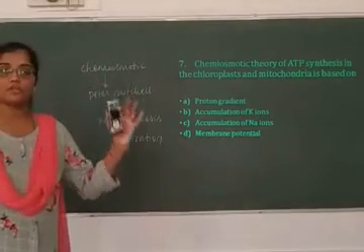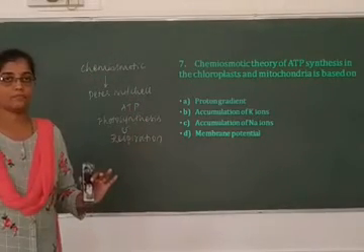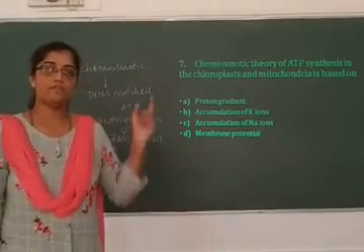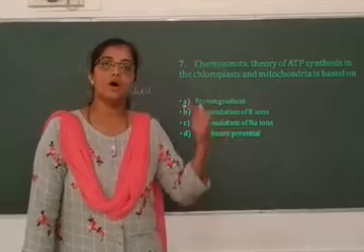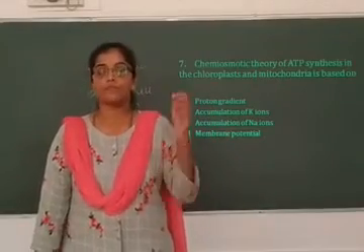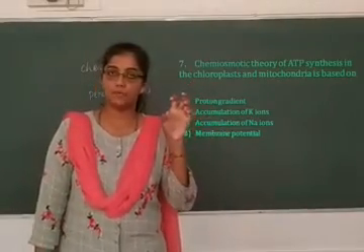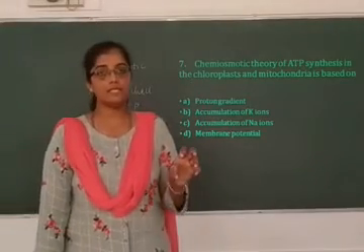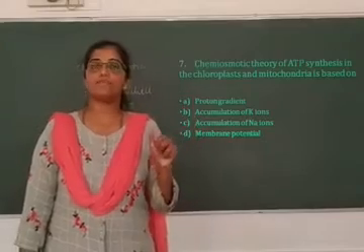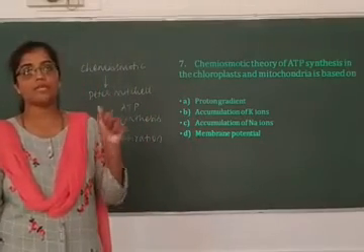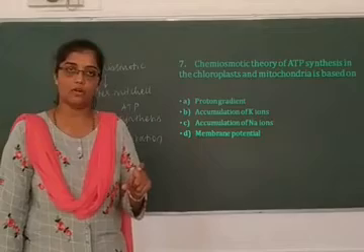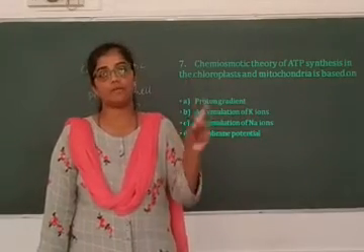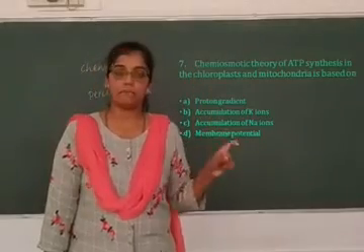According to the chemiosmotic hypothesis, during the electron transport chain, whether it is in photosynthesis or in respiration, accumulation of protons takes place. In case of photosynthesis, accumulation of protons takes place in the lumen of the thylakoid, whereas in case of respiration, accumulation of protons takes place in the intermembrane space.